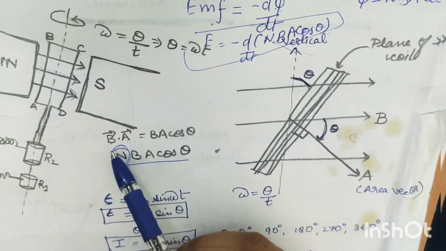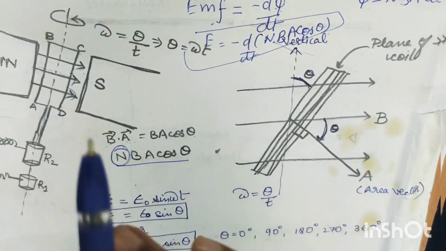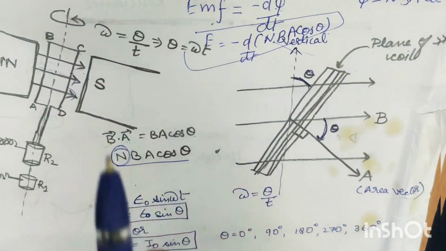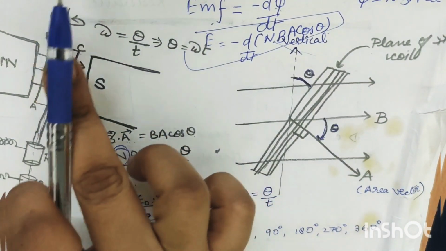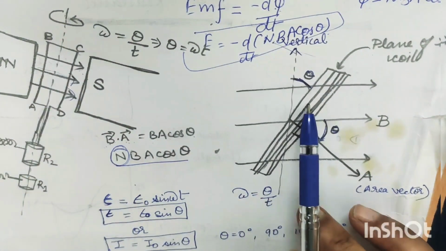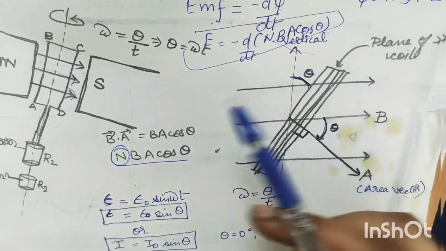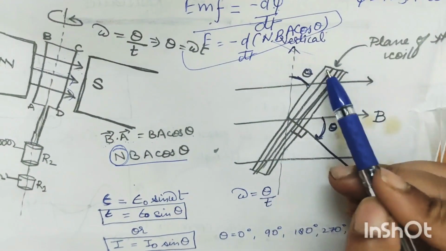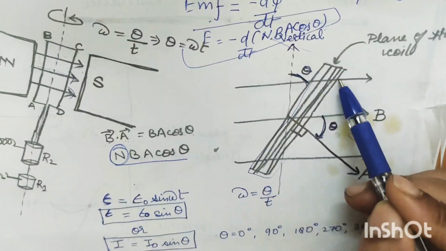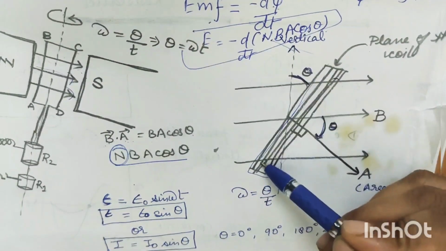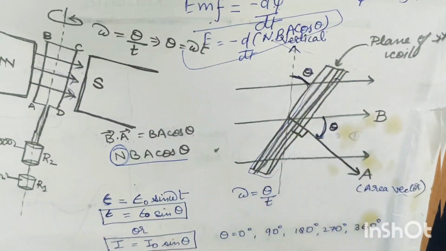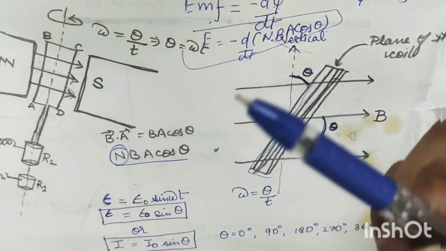So if you want to see how this vector quantity works on the coil, I have another diagram which I have shown here. This is the armature. This boundary wall is the armature, and this parallel line shows the winding of the coil on the armature.